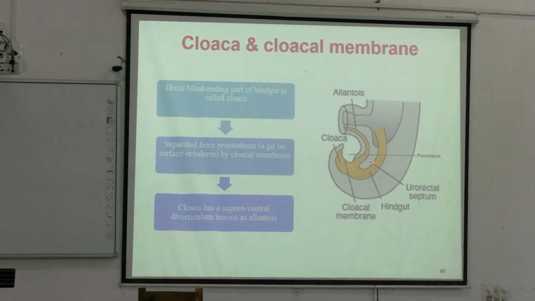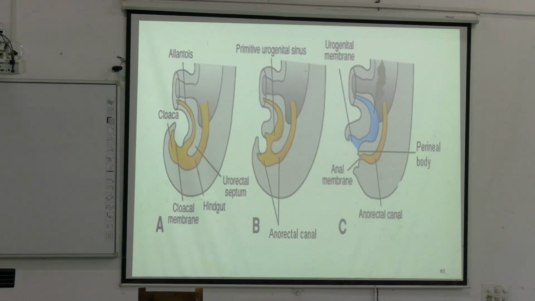We call this mesenchymal tissue between them the urorectal septum. Now, this urorectal septum transforms through stages A, B and C. These are the sequel of the urorectal septum. This is picture A, the early phase, then the intermediate phase, and this the late phase. What happens?